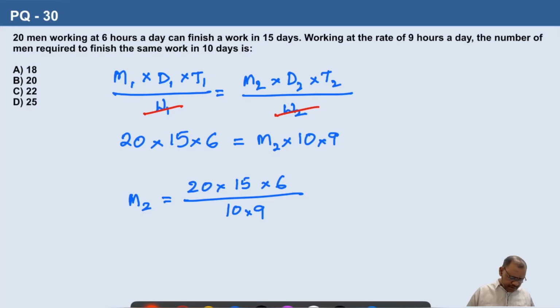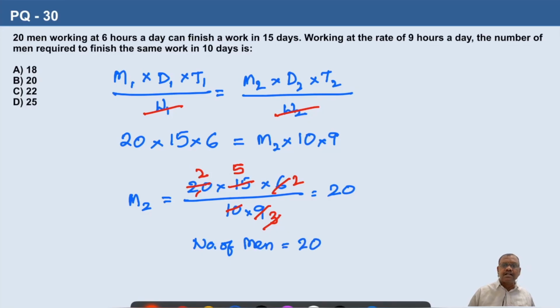Cancelling: 10 two times, 3 twos, 3 threes, 3 ones, 3 fives. What is remaining here? 2 into 5 is 10, 10 into 2 is 20. So the number of men required is 20. In the second case, the number of men is 20. Option B is the right answer.